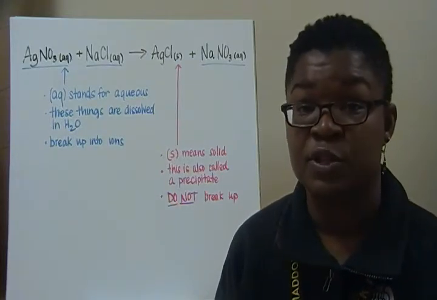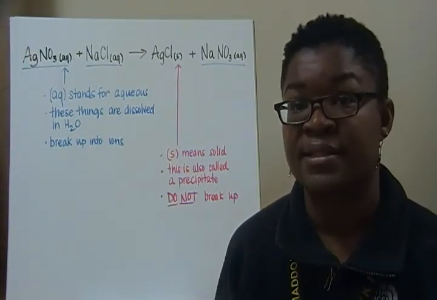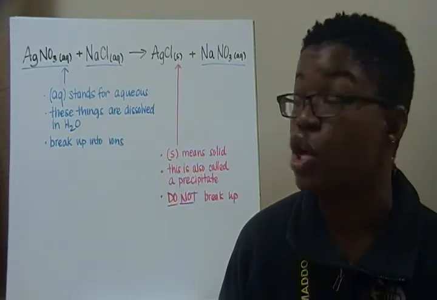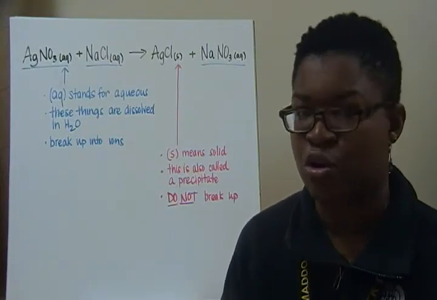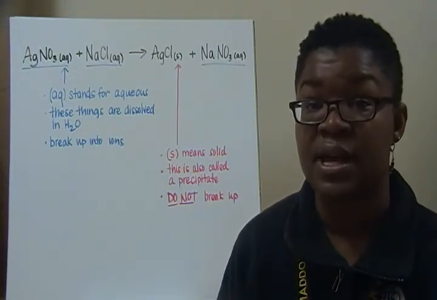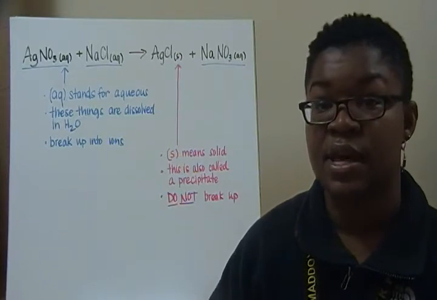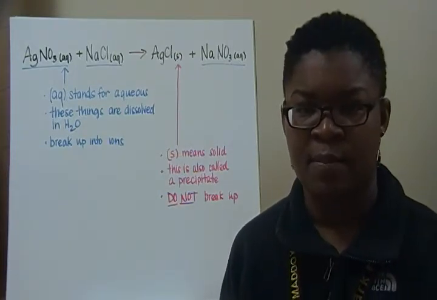Also, these particular substances, because they're dissolved in water, when they're reacting, are actually broken up into ions. So we really don't see Ag and NO3 reacting. If we were to be shrunken down to the size of a molecule, we would actually see Ag plus, and separately somewhere else is NO3 minus. Think of it kind of like a married couple at a cookout.